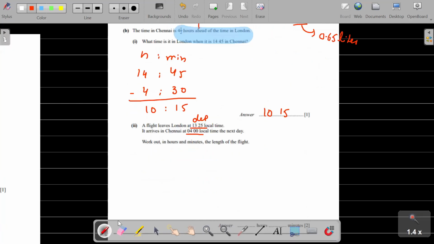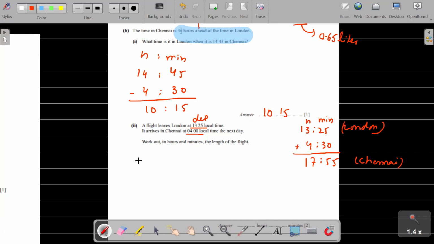So if my time in London is 13:25, this is hours, this is minutes, I need to add 4 hours 30 minutes to calculate my time in Chennai. Now let's add them up: 5 and 30 is 55. So it will be 17:55 in Chennai.